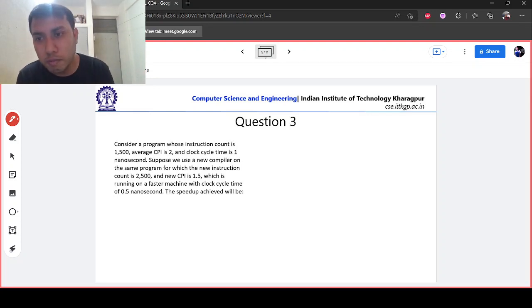The program is the same, but we are running with different compilers, and one machine has a clock cycle of 1 and the other 0.5. So let's simplify it.